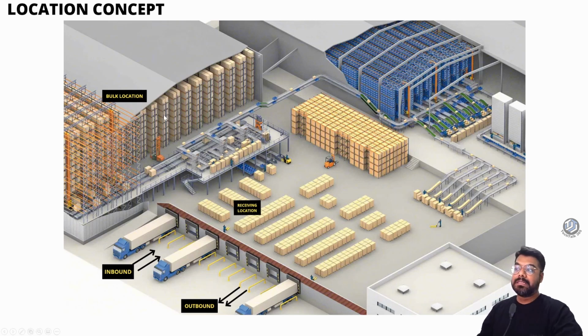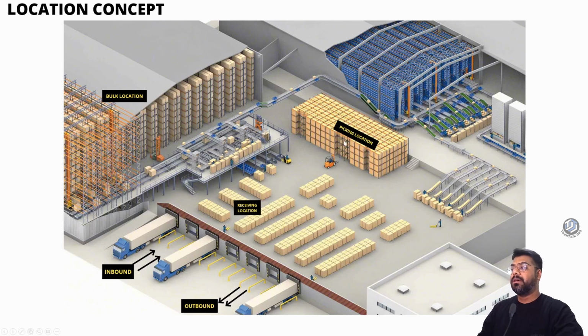Every single rack and bin normally has a location ID, so the bulk location will have hundreds of location IDs within it. We also keep some of the stock from the bulk location in the picking area, where we can do some assembly of the stock. Whenever the picking area gets below the safety stock or below a certain level, you can replenish the picking area from the bulk location.